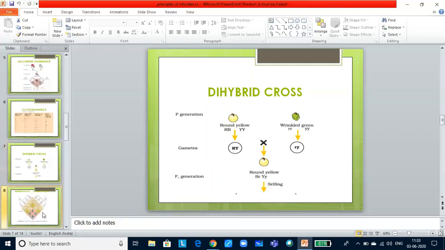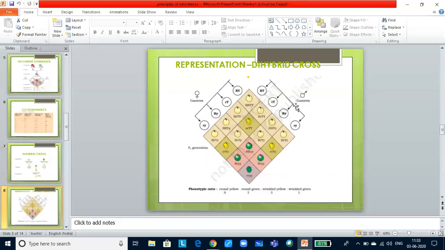Now let us see how the dihybrid cross ratio goes. If you look at the working here, at the end, round yellow is 9, round green is 3, wrinkled yellow is 3, and wrinkled green is 1. Round yellow and wrinkled green are the parental types. Round green and wrinkled yellow are newly formed combinations, and they are called recombinants.